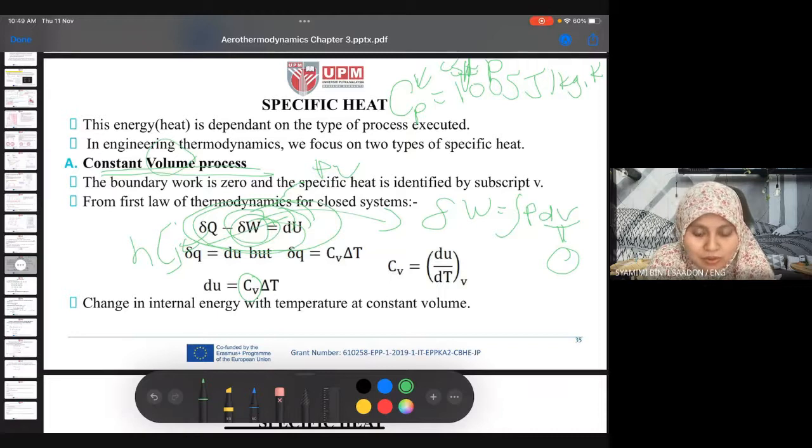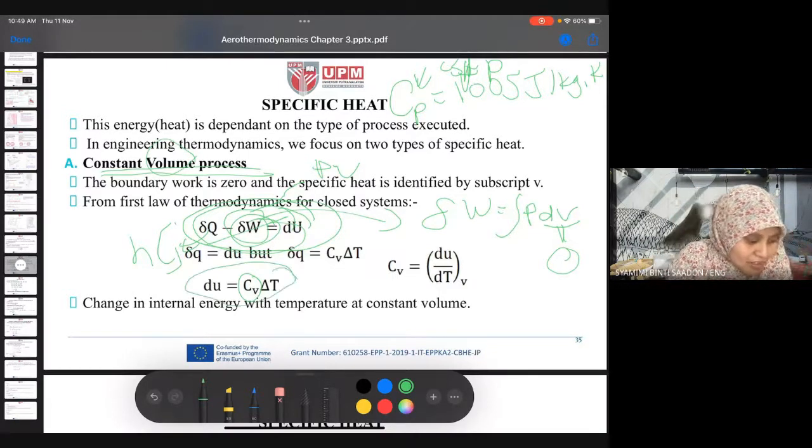The internal energy definition is this: specific heat at constant volume multiplied by the temperature change during the process.